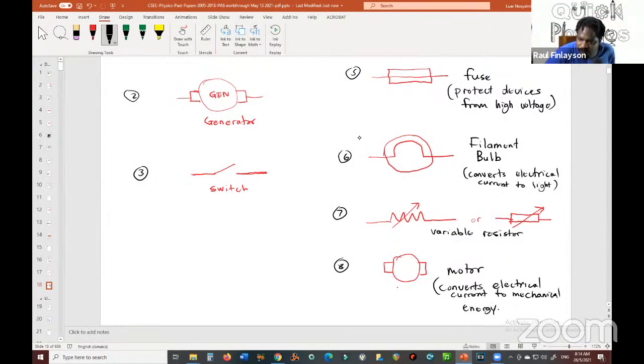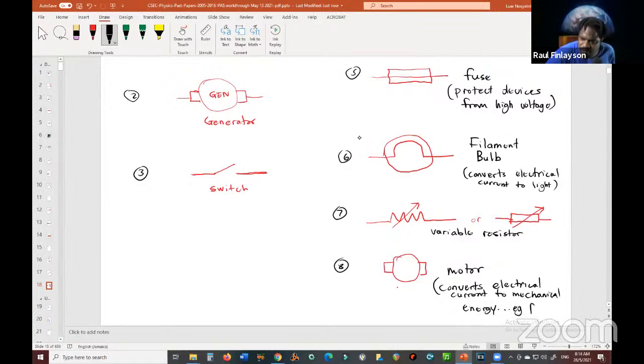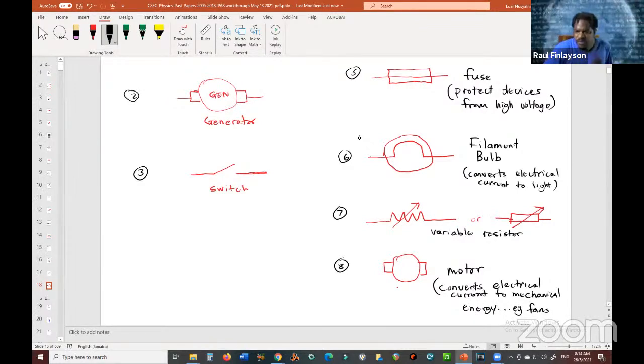For example, in fans. All right, so yeah, these are like 8 devices that relate to it.